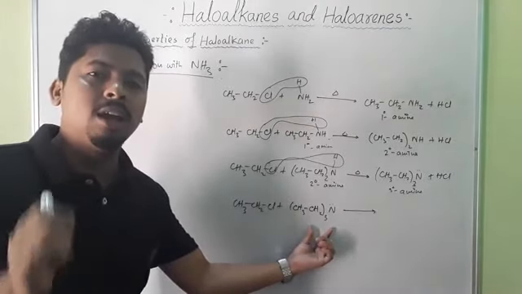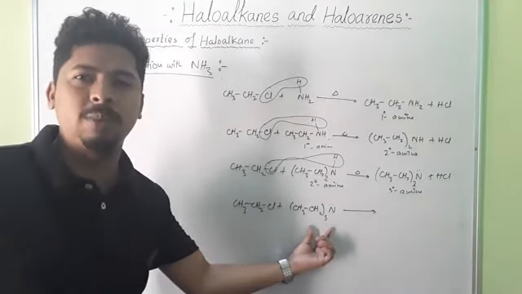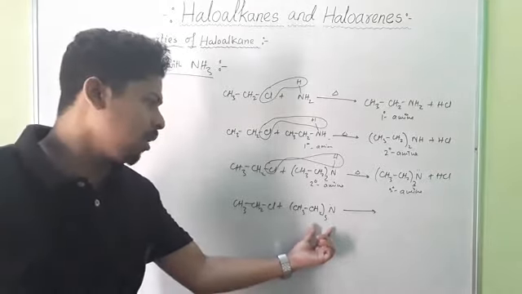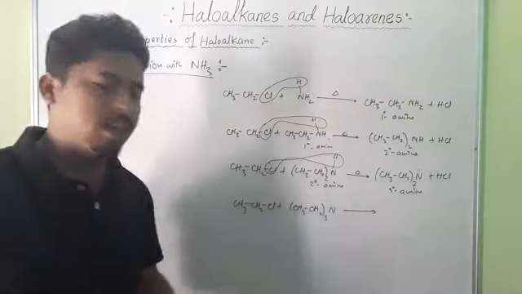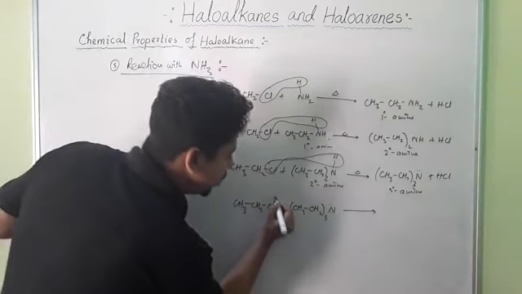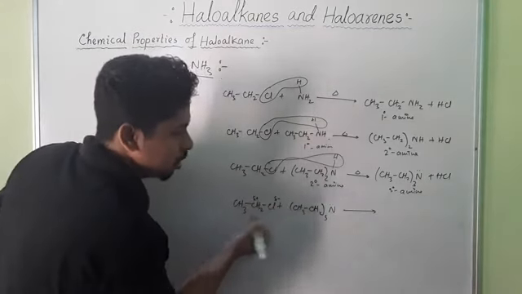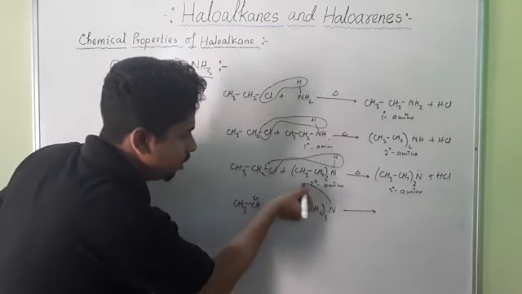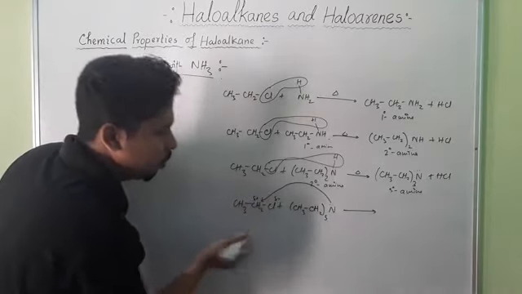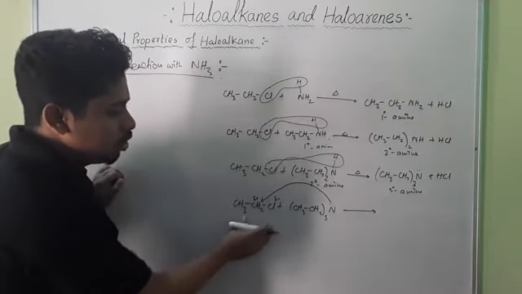Rather, here the donation of electrons, or nucleophilic addition, takes place. Here you see this is delta minus, this is delta plus. So as a result, this nitrogen will donate its electron pair to this carbon, and we attach these groups with it.